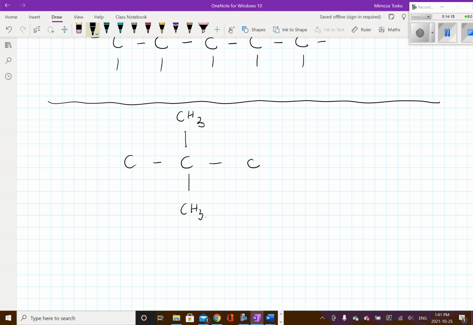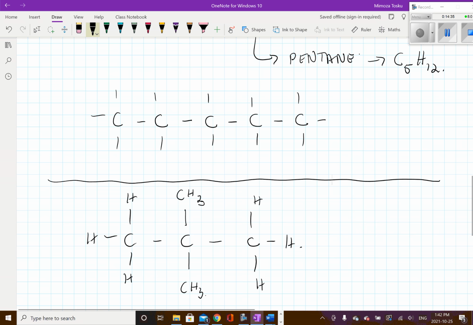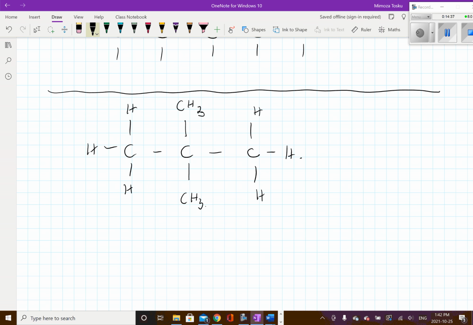So again we have 5 carbons, with hydrogens: we have 3 and 3, 6, 7, 8, 9, 10, 11, 12, which is the same molecular formula, C5H12. So this is known as the branched isomer of alkane.